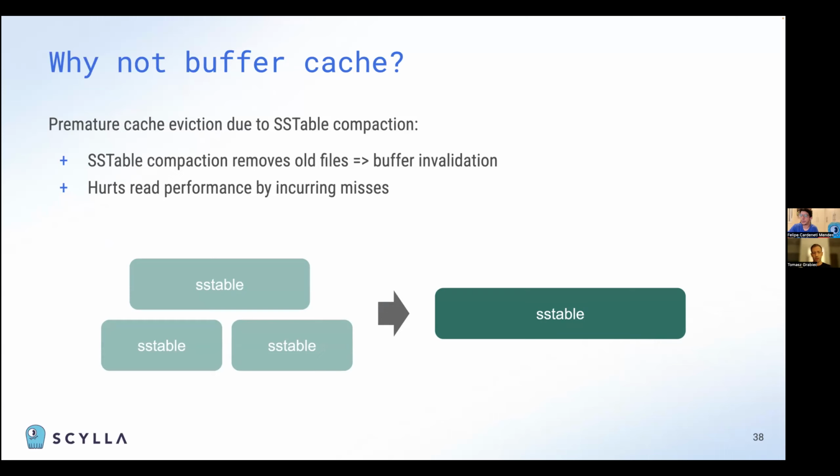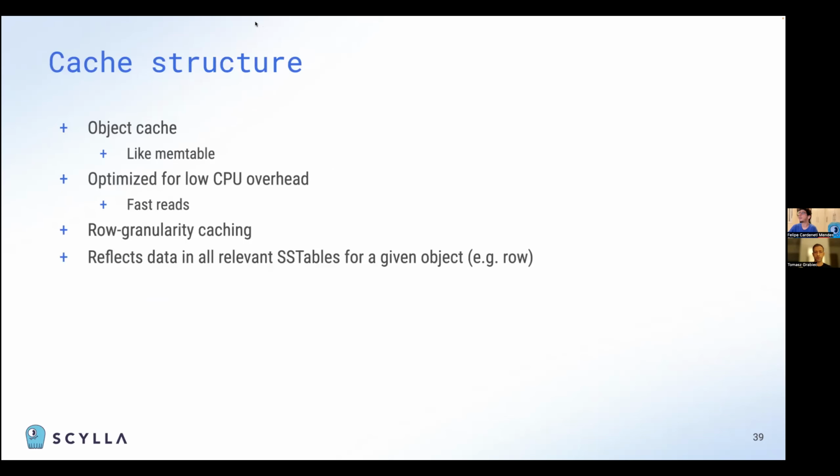And when this compaction is finished, the old files are removed. And if you work with buffers, then you basically lose those buffers in cache. And you will hurt your performance because reads for the keys which previously were cached will now not be cached.